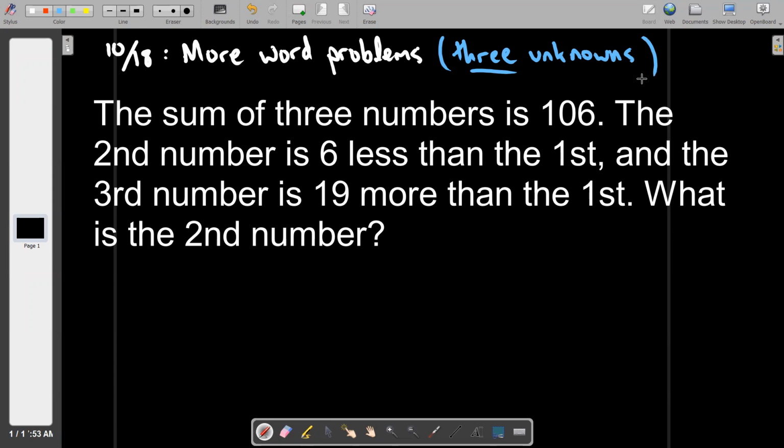So yesterday, remember, it was just 2 numbers, the sum of 2 numbers. Now we have 3. So I've got 2 examples of this, and I hope when I'm done that you understand why we have 2 examples and not just 1. They each pose slightly different dilemmas.